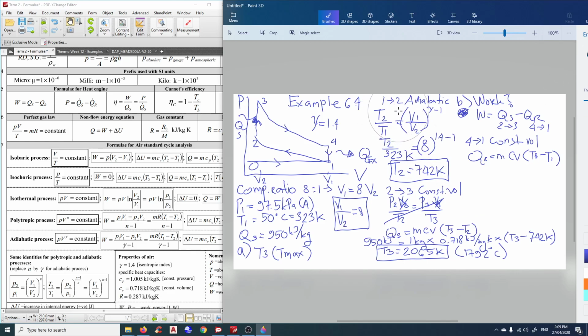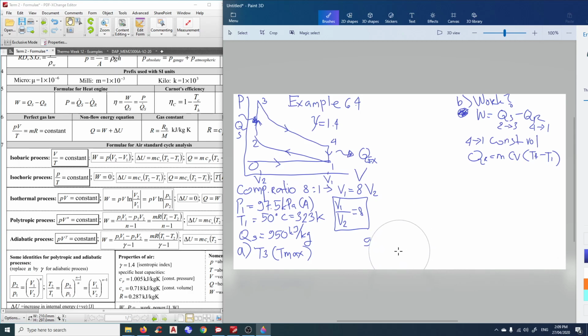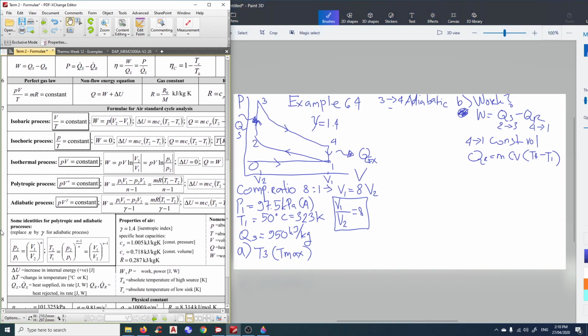Let me clean the board first. Okay, let's find T4 first. To find T4, we need to look at process 3 to 4, which is adiabatic. I will use this expression again.